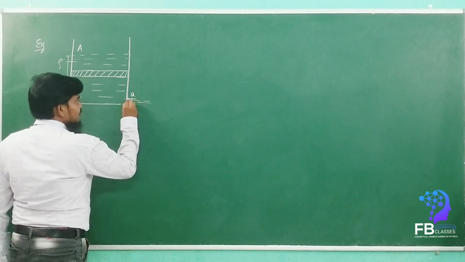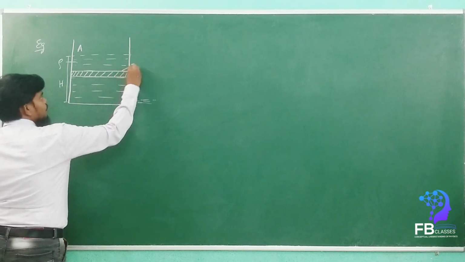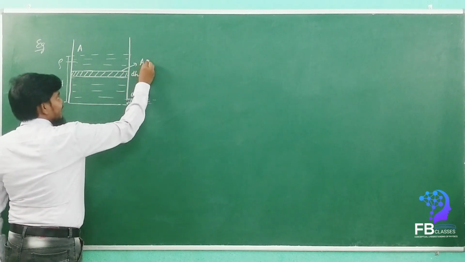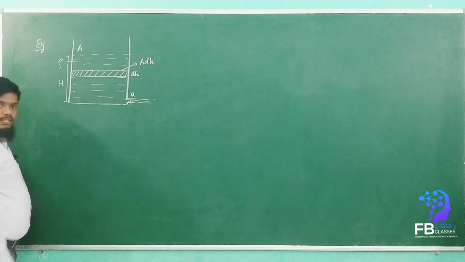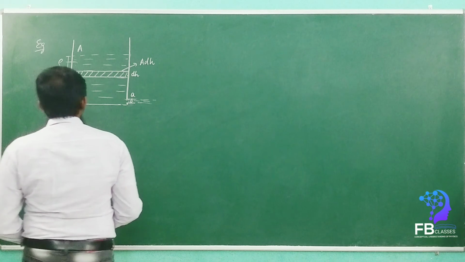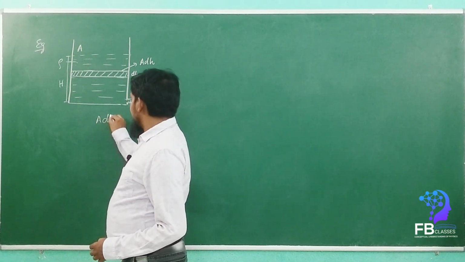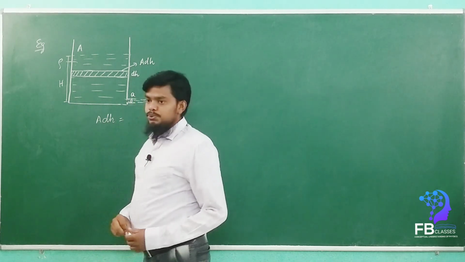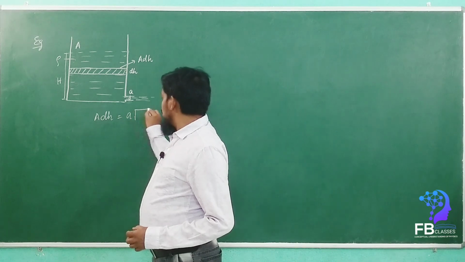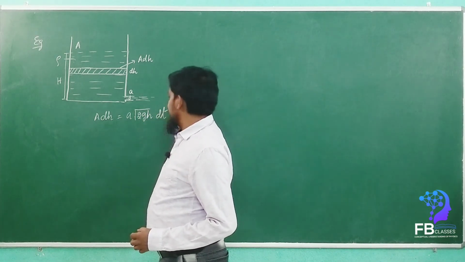If the level falls by dh, the volume of this element is A dh. So A dh is equal to a root 2gh into dt.